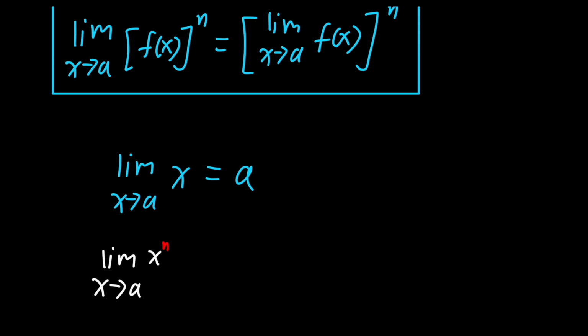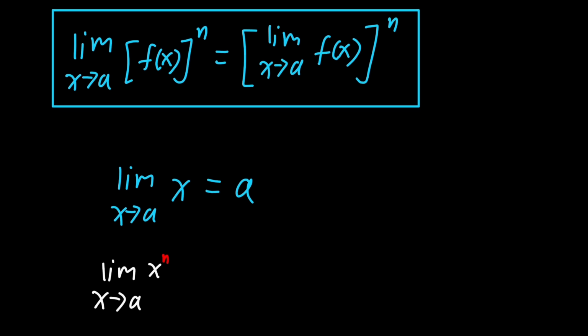Then we can use the limit rule, which we just derived, to rewrite this limit. So it also equals the square bracket enclosing all the elements, and then put the power outside.